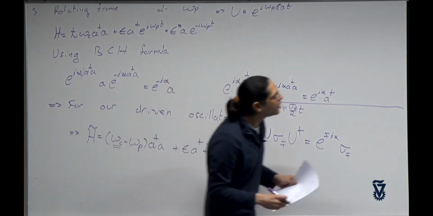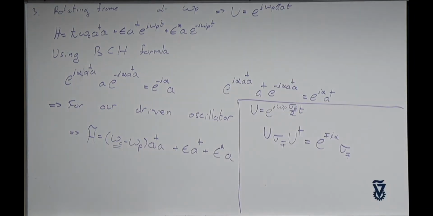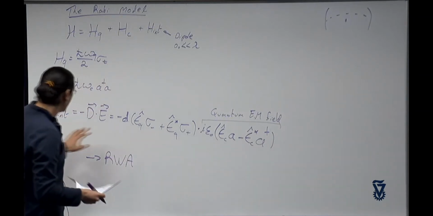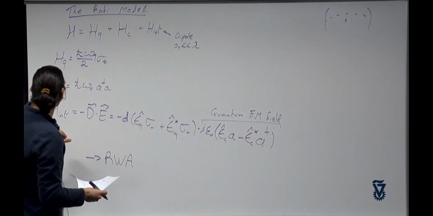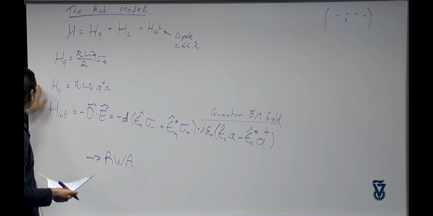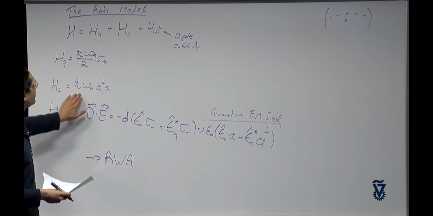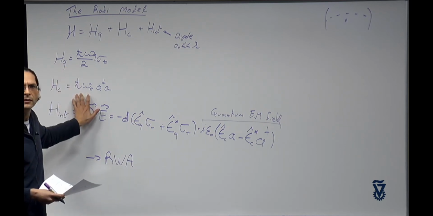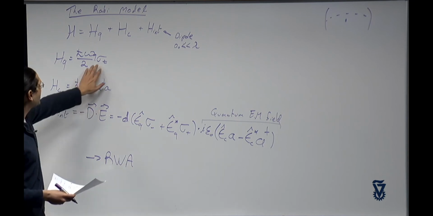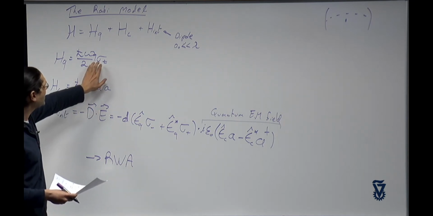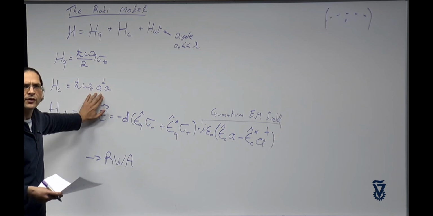Basically, if we go back to this Hamiltonian over here, you can see that you have these two parts which are H naught. And it's basically like going into the rotating frame rotating at this frequency and this frequency.